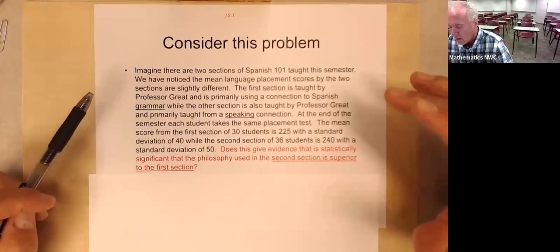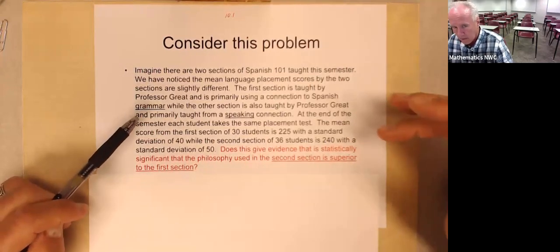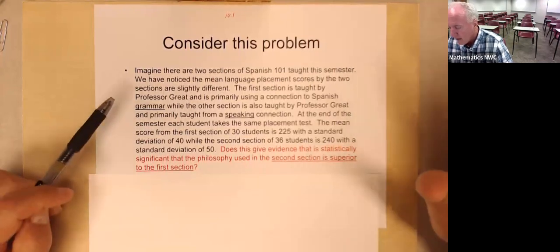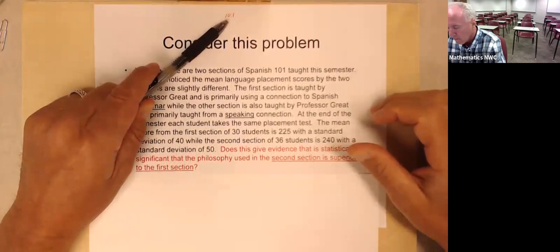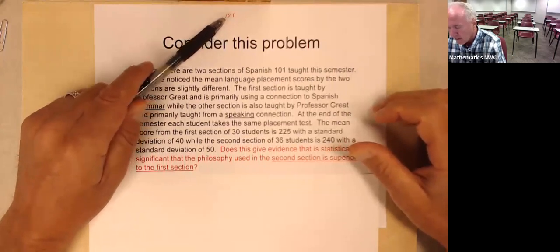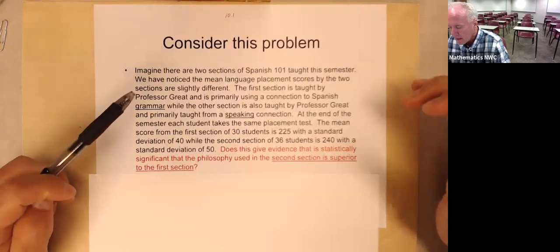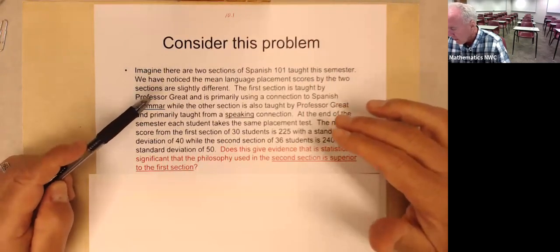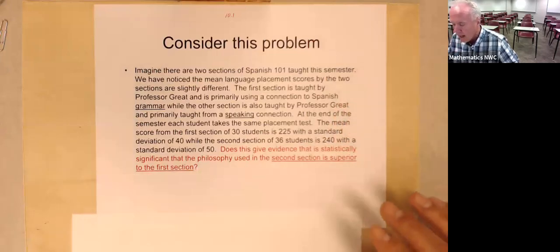So all of those are variables that would have to be addressed if you're running this type of test. All that said, this chapter, chapter 10.1, 10.2, 10.3, 10.4, is going to focus on running tests between two populations. So keep that in your mind first.